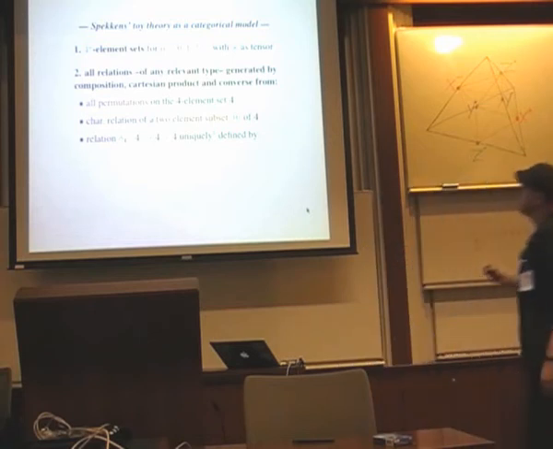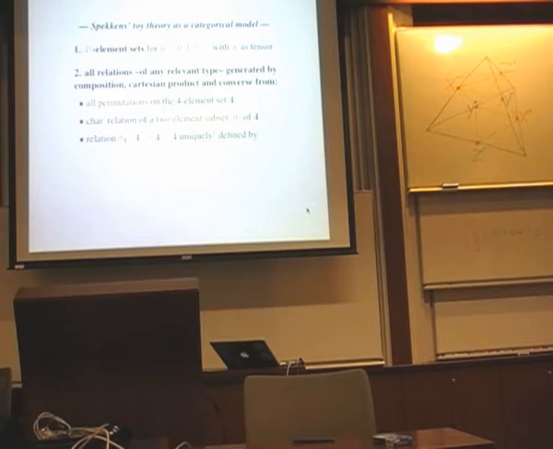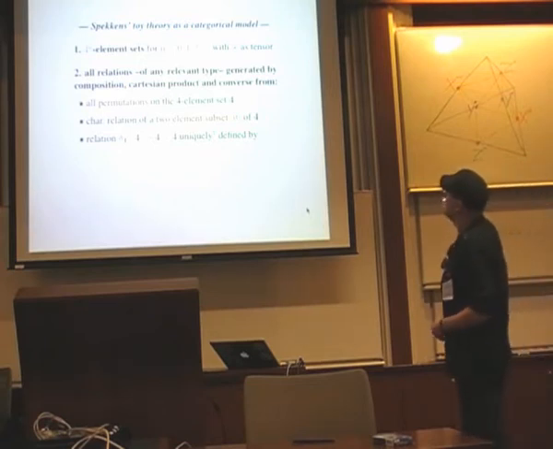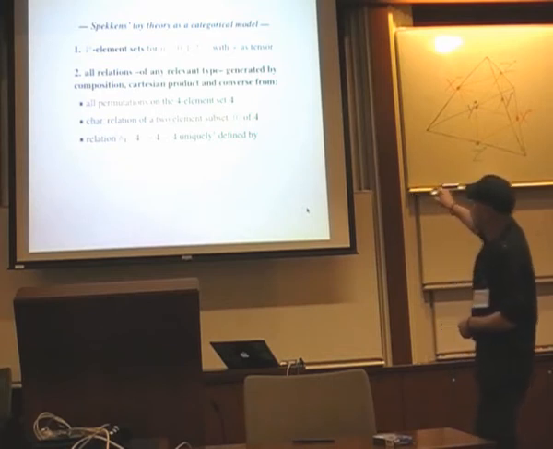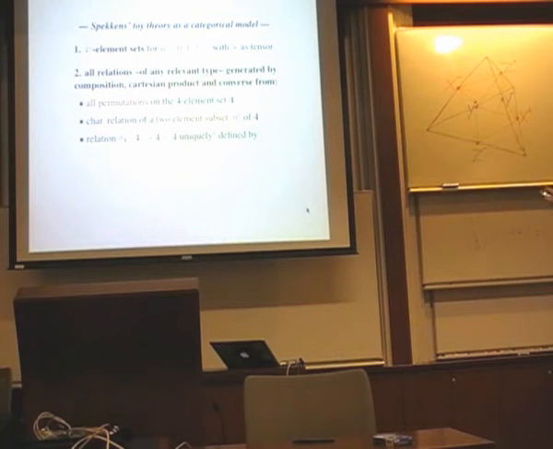Next you take all relations of any relevant type, like from 4 to 4 times 4, not just from 4 to 4, generated by composition, Cartesian product, and converse from all permutations on the 4-element set. Then you pick one very special state, 0, which is just a 2-element subset, because that's what states are. And then the third ingredient is something of this type.